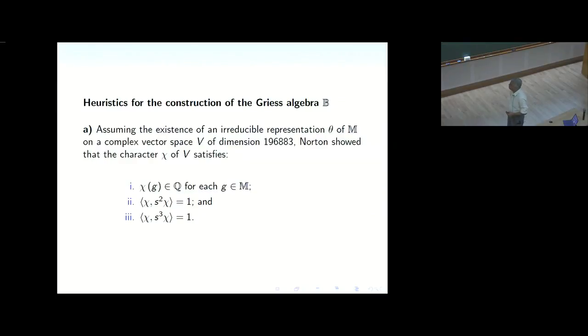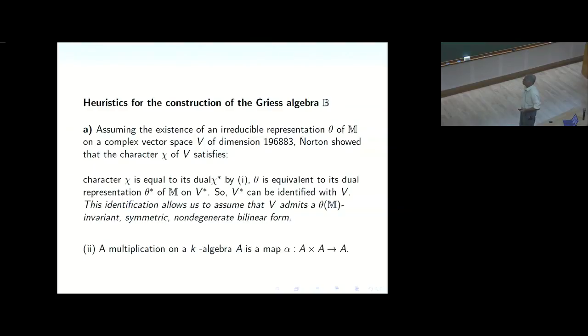Its character table was known. Norton showed these properties: chi of g is always a rational number, and it appears with multiplicity 1 in its symmetric square and symmetric cube. These are the observations which gave the hint to look for a commutative algebra.